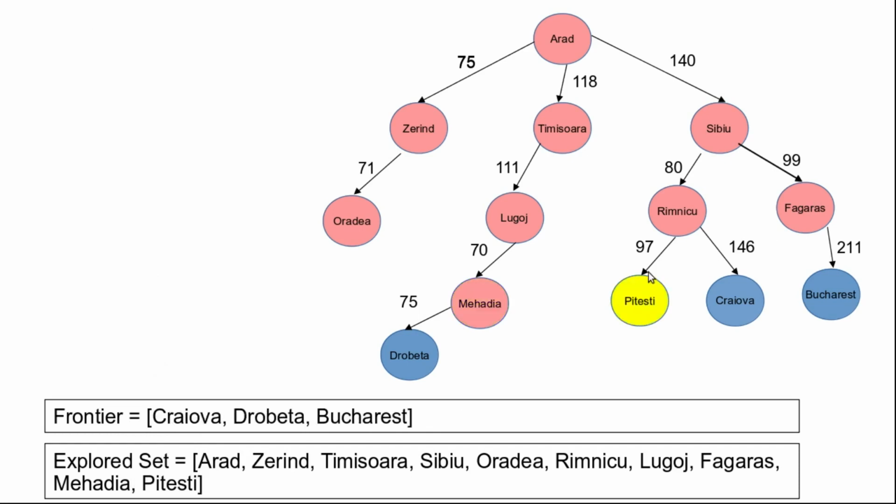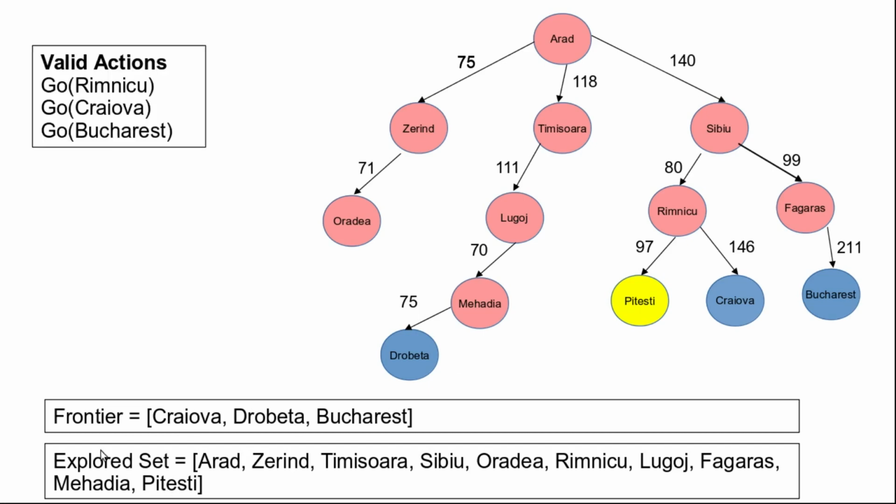We first find out whether the selected node is the goal state or not. It is not the goal state, so we add it to the explored set, and then we find out what the valid actions are. The valid actions are: we can go to Râmnicu, we can go to Craiova, or we can go to Bucharest.